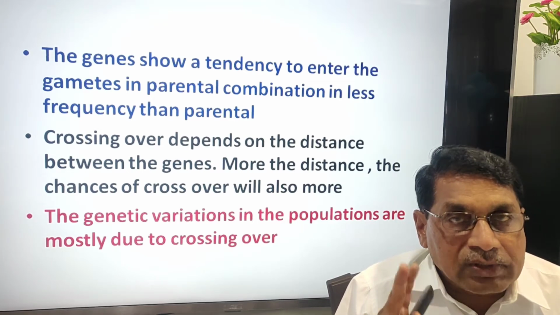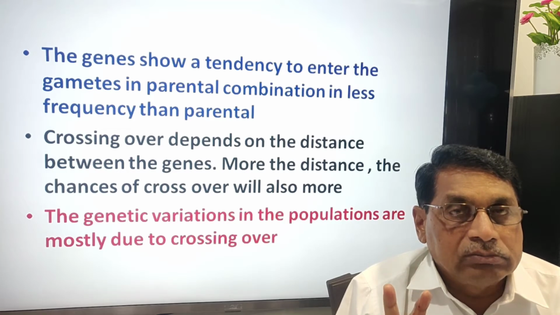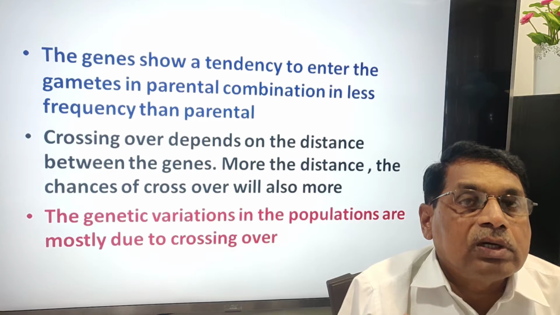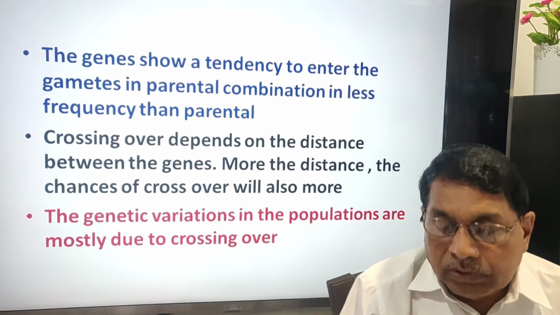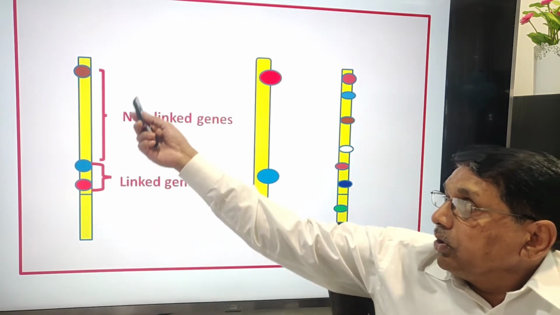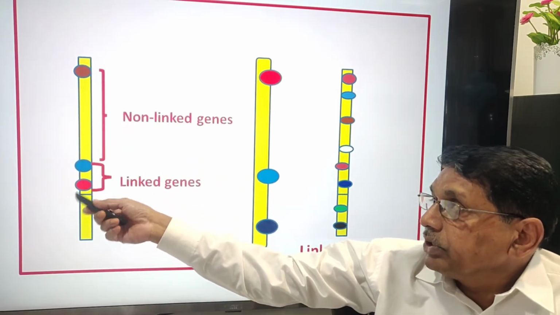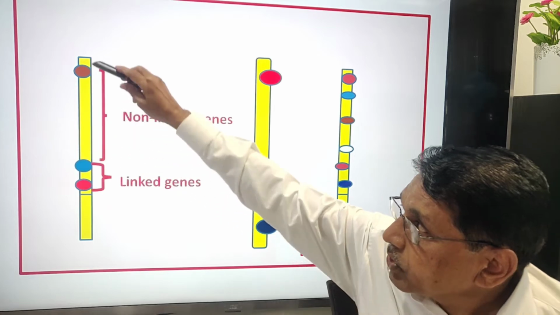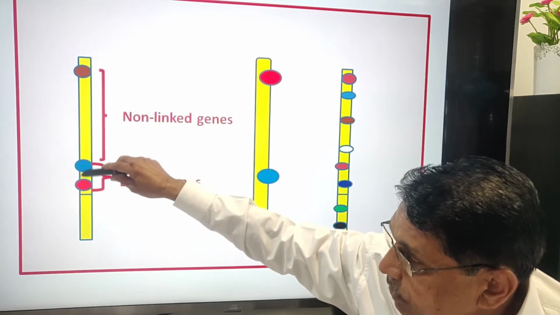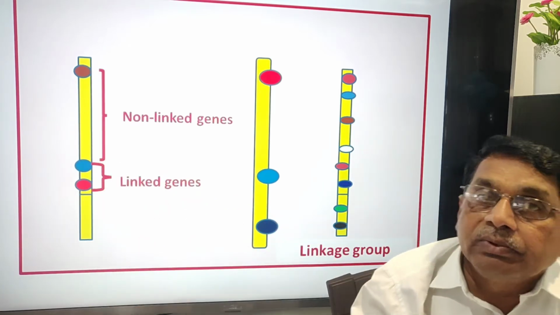There are two reasons for variations in the population. Main reasons, genetically speaking: one is crossing over, another mutations. So in these non-linked genes, possibility of crossing over between these two genes is more. Here very less because they are very close to each other.